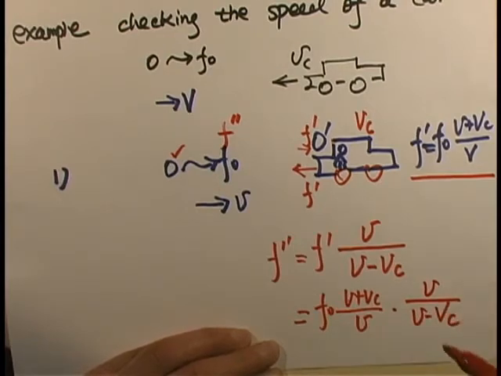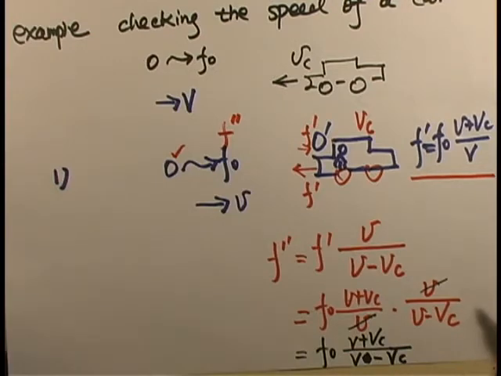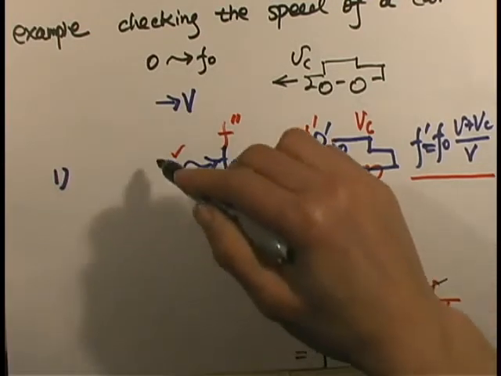The result comes out as this: v cancels. We have the new frequency received by this observer as v plus v c, and v divided by v minus v c. This is the frequency received by the observer.